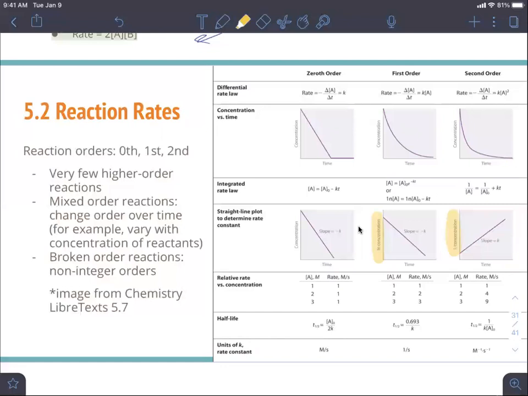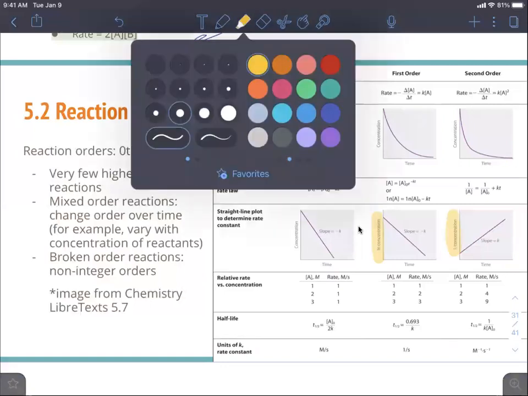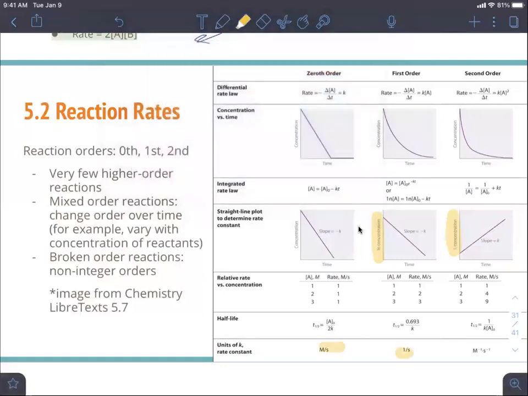The units of K are also pretty important. If you do the full rate equation, you'll find that the units of K are either molarity over s, 1 over s, or 1 over molarity times s.